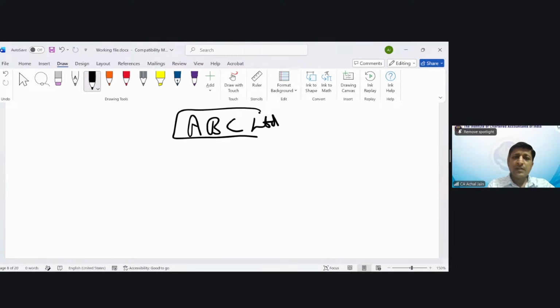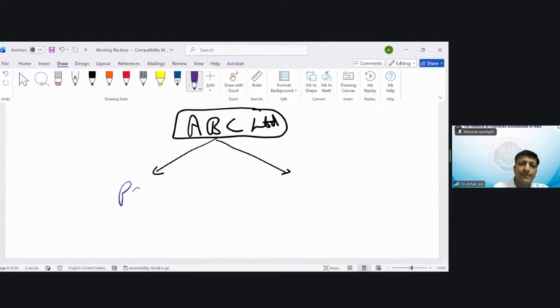So say this is one company. Now this company doesn't want one auditor. So say they have appointed two auditors, PQR and company, and let's suppose MNO and company.